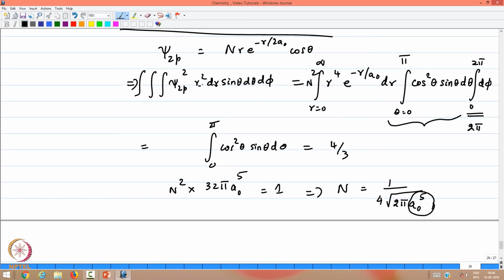Therefore, the whole integral will have the dimension of length raised to 5 unless you have a normalization constant which takes the length raised to 5 and cancels it, in order to make this integral a probability and therefore a dimensionless number equal to 1.